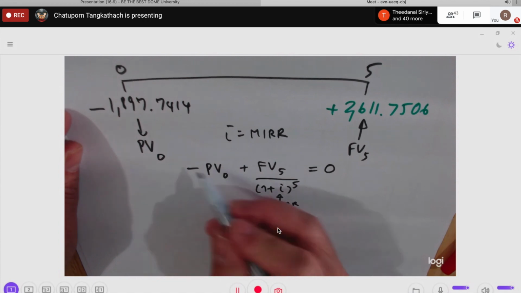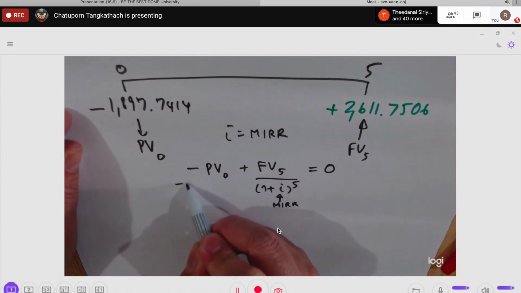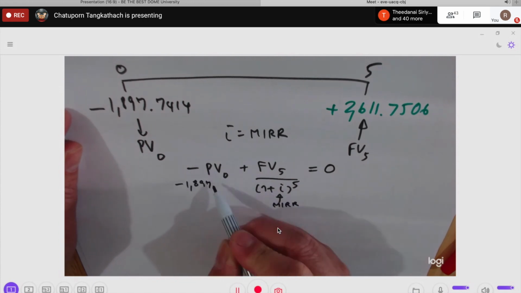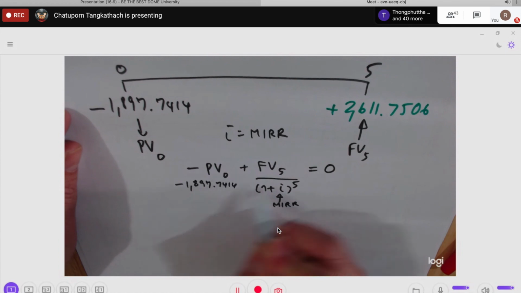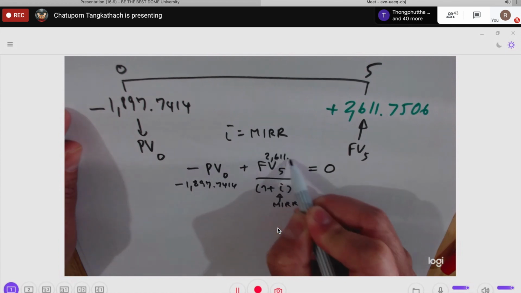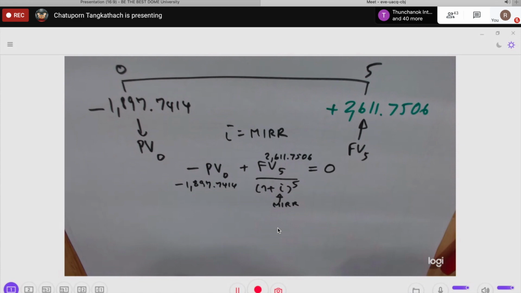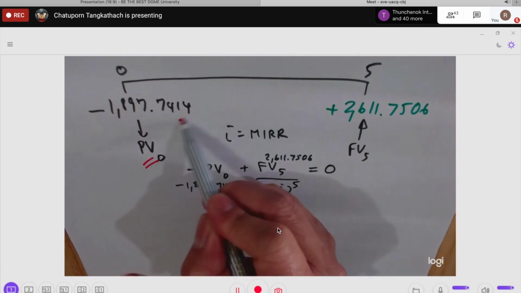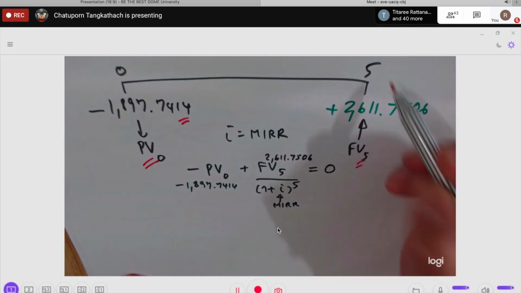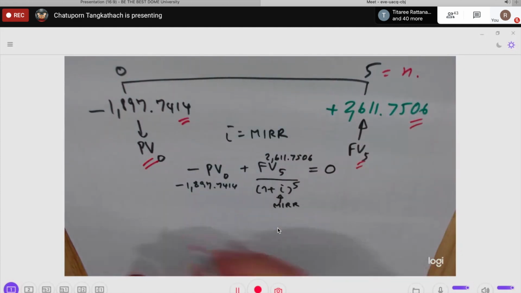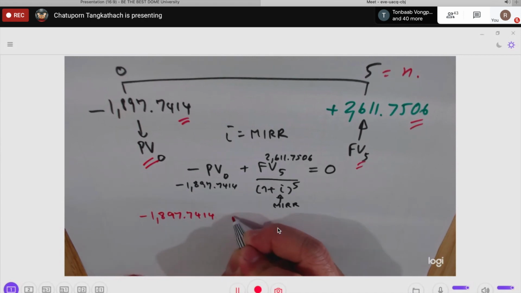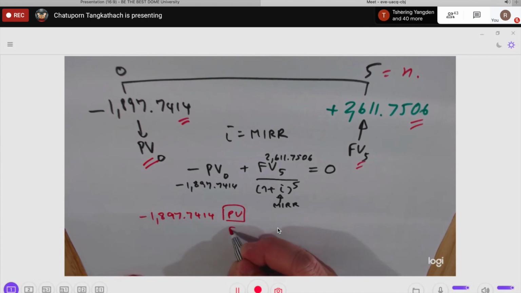So as I put it earlier, minus 1,897.7414 here, and future value 2,611.7546. After you have that, go back to this concept here. This is present value, this is future value, and N equals 5. So minus 1,897.7414 is your present value.